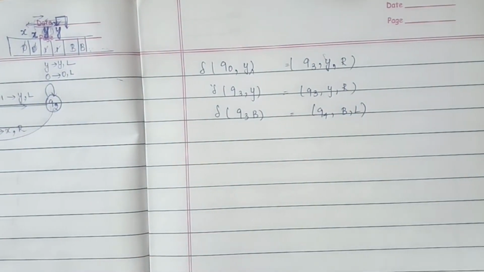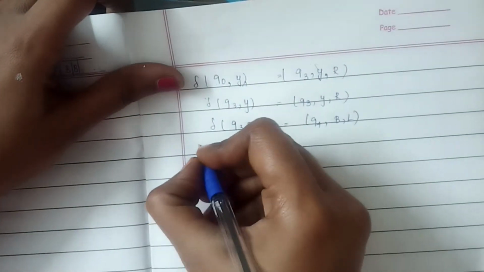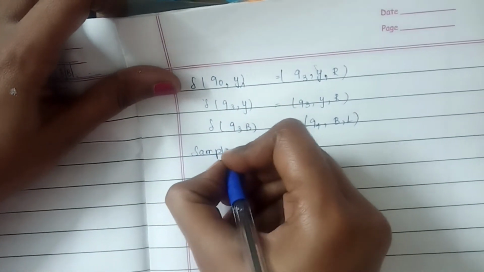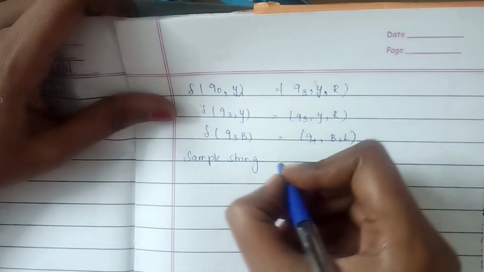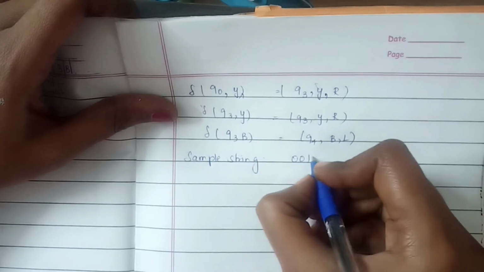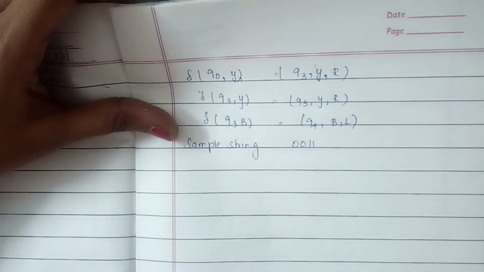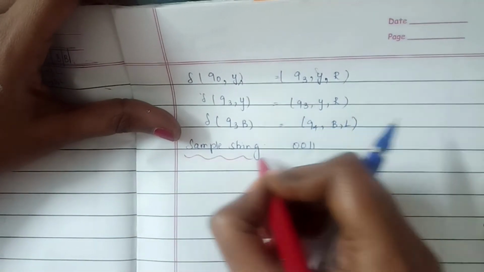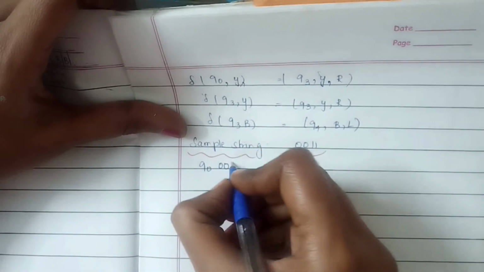So the final thing is you have to prove it by using a sample string. So here my sample string is 0011. So Q0 0011.